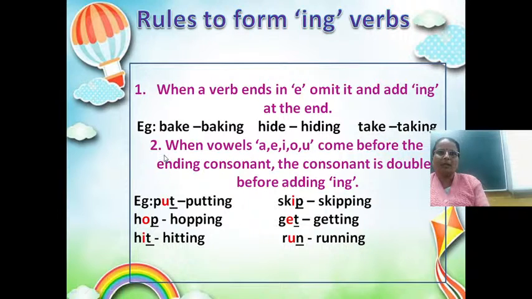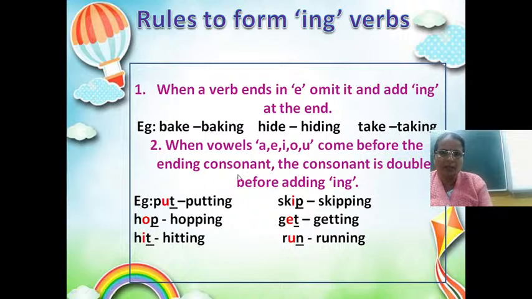The next rule is when vowels A, E, I, O, U come before the ending consonant, the consonant is doubled before adding ing. So, yesterday we didn't discuss this particular point, so pay your attention. There are 5 vowels in the English language.